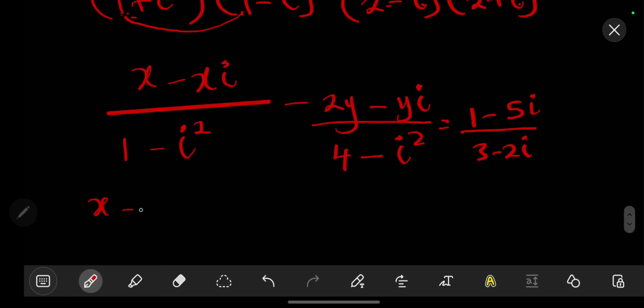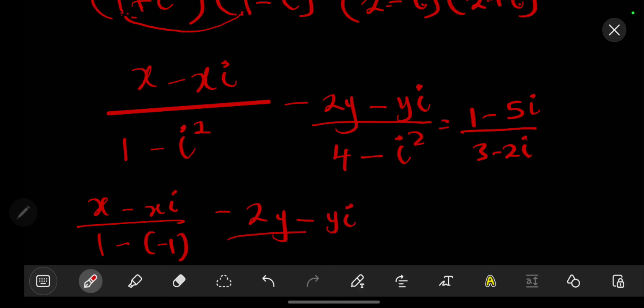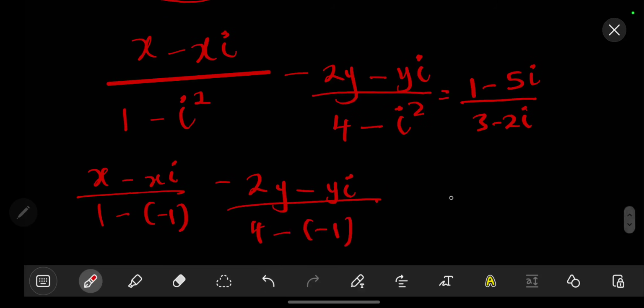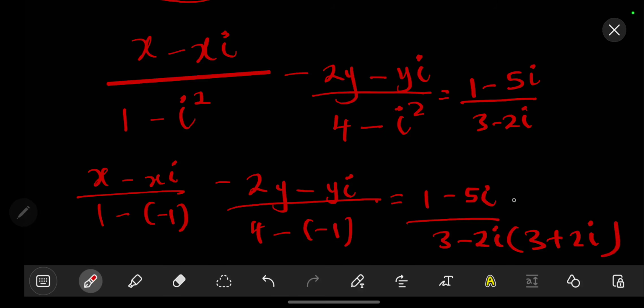So we have our x minus our xi over, we have 1, I squared is equal to negative 1 like that, minus our 2y minus our yi over, we have 4, I squared is equal to negative 1 like that, should be equal to, we have our 1 minus 5i, then over 3 minus 2i. So the conjugate of this one will be our 3 plus our 2i like that. Then here we have a 3 plus 2i as well.